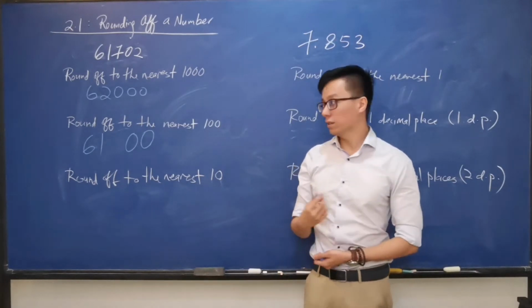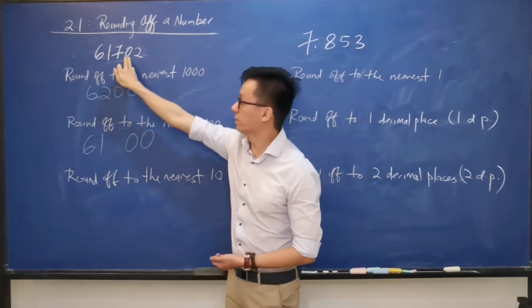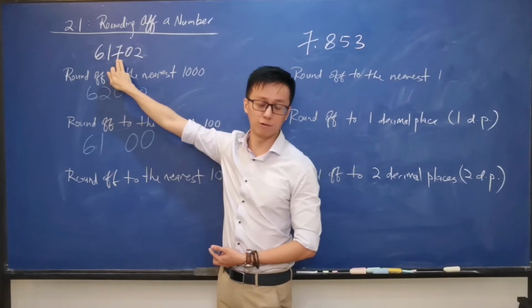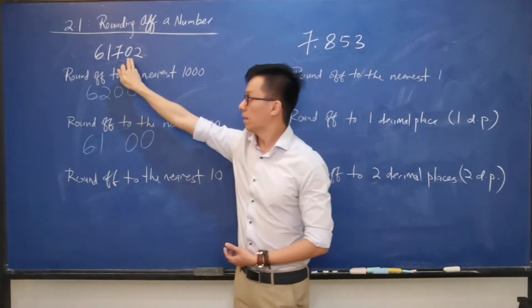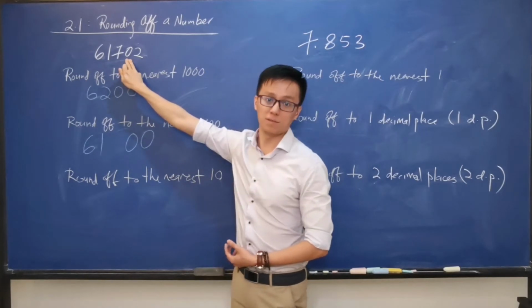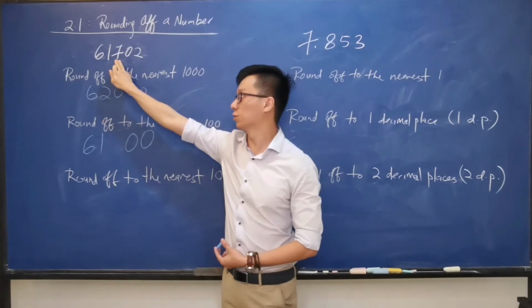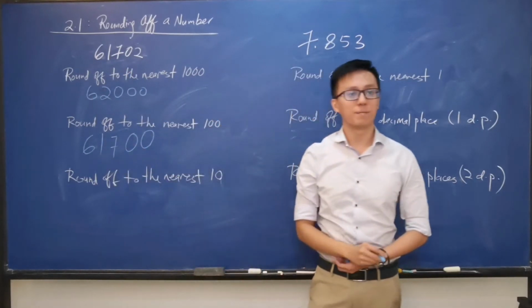Now, we look at the digit at the tens place to decide whether the 7 will remain the same or turn to 8. The digit at the 10 place is 0, which is less than 5. So 7 will remain.